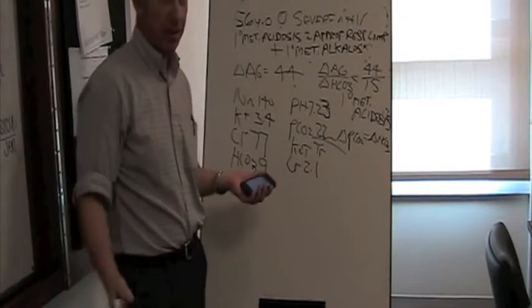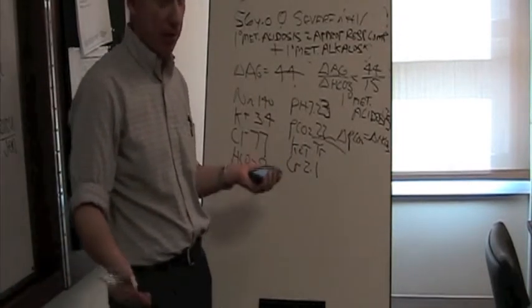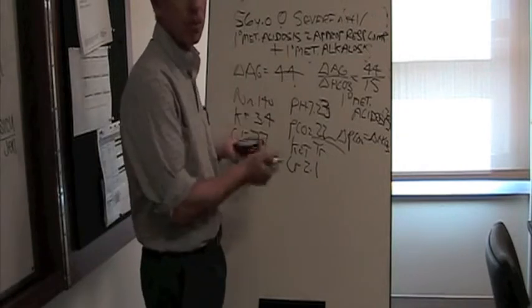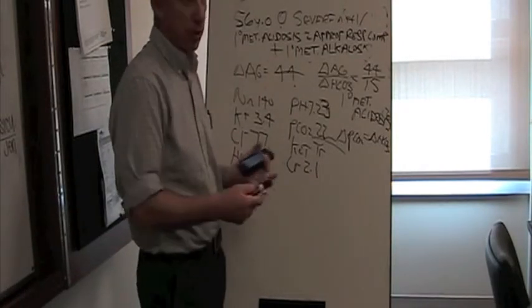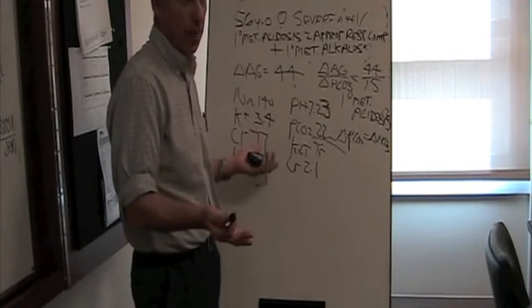Which intuitively doesn't make sense, right? How could you have an acidosis and alkalosis at the same time? You do, okay? Metabolic. So the next question is always, well, what's causing that, right?